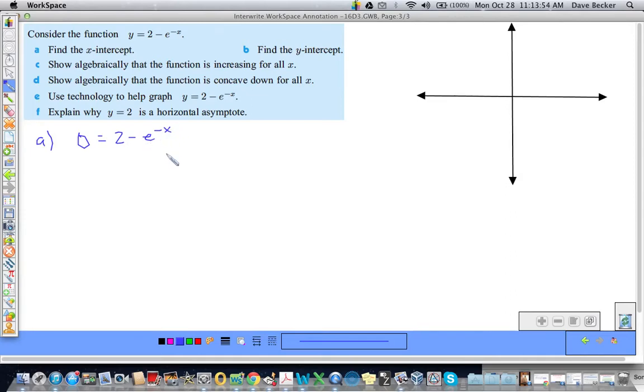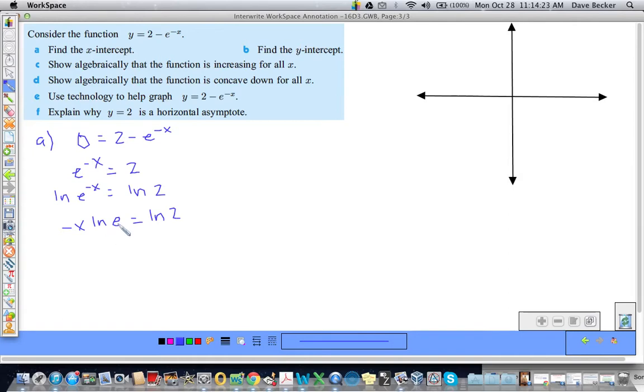And so what would we get? We would get e to the negative x equals 2 if I keep everything positive. And let's see, we take the natural log of both sides. Natural log of e to the negative x equals natural log of 2. So negative x times natural log of e equals natural log of 2.